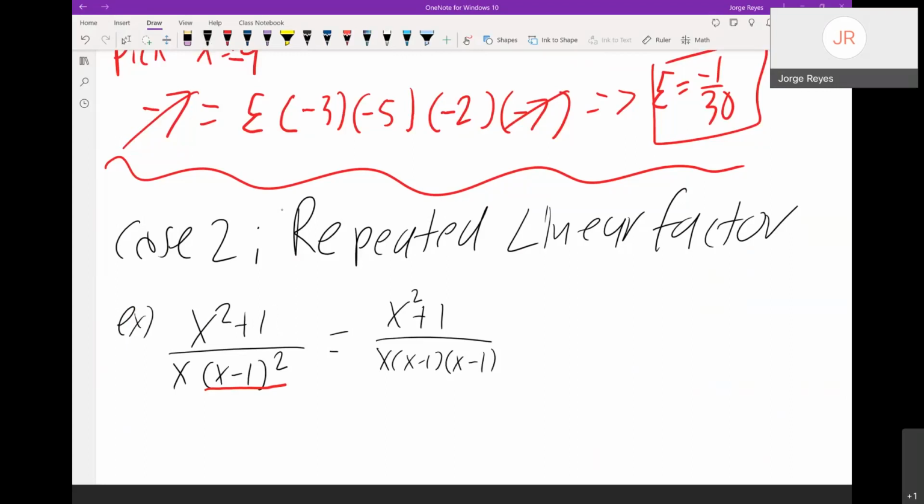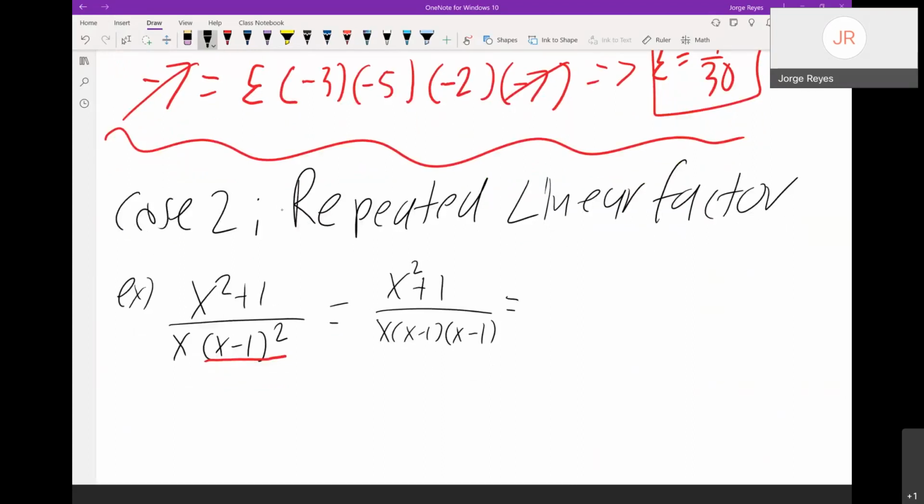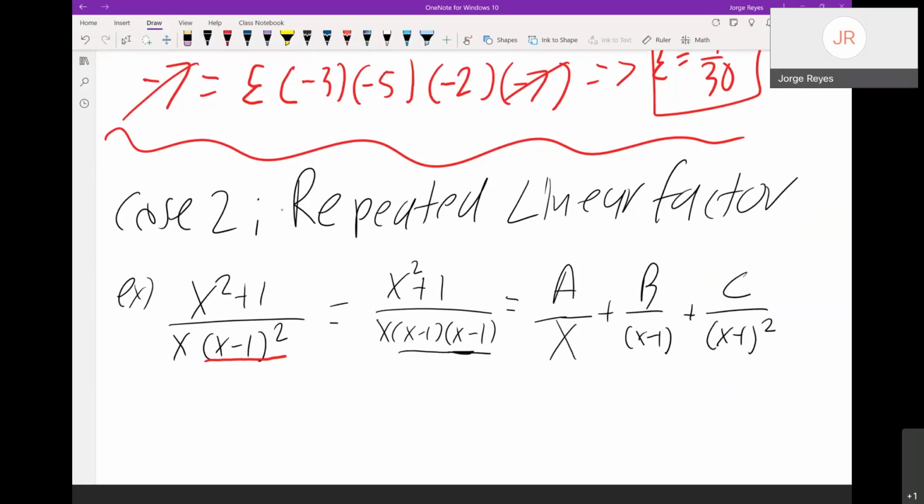Right? What do we do is it's almost the same. So this x is the same. Right? It's just going to be A over x. What happens is you need to do this twice. Okay, so you're going to get B over x minus 1. But since it's here twice, you're going to need C over x minus 1 squared, okay?